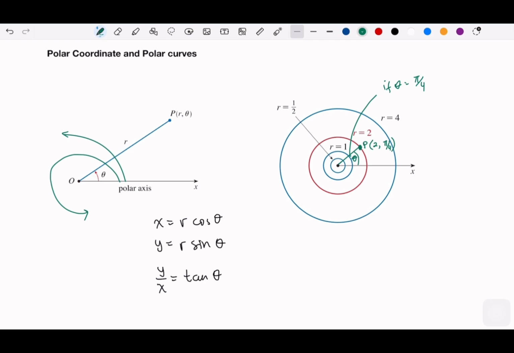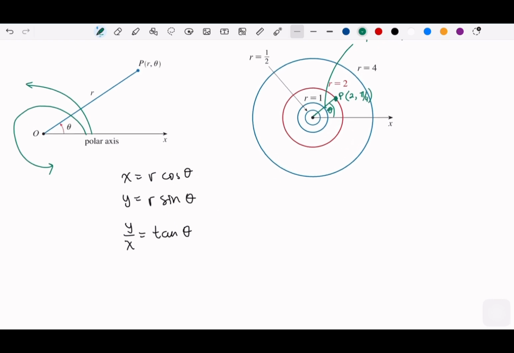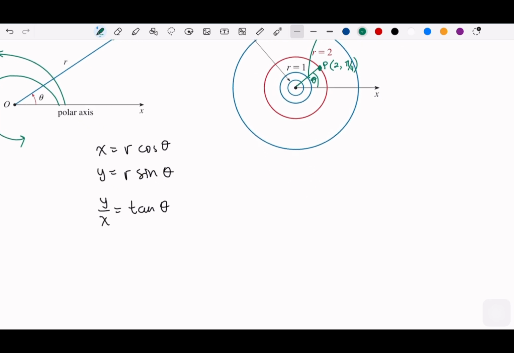I will show you later how to graph the polar curves, because sometimes we are going to have a negative and you will be confused about how to write it. Let me give you some examples.